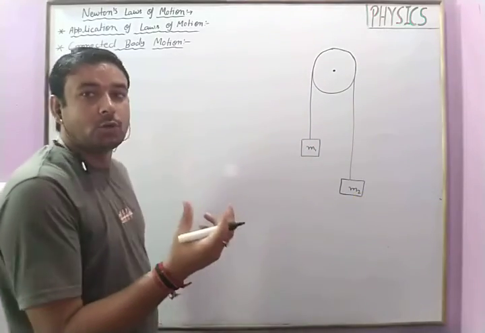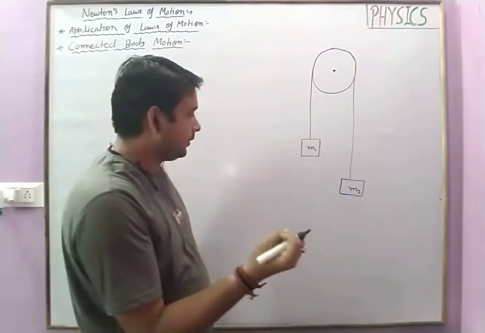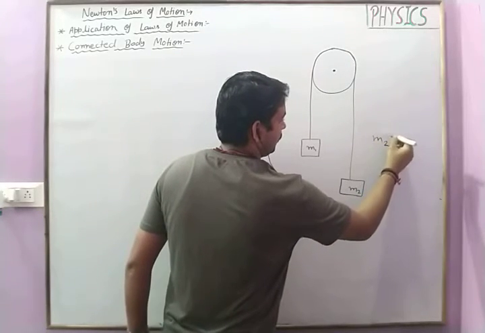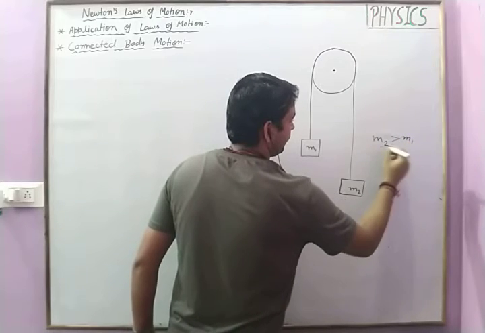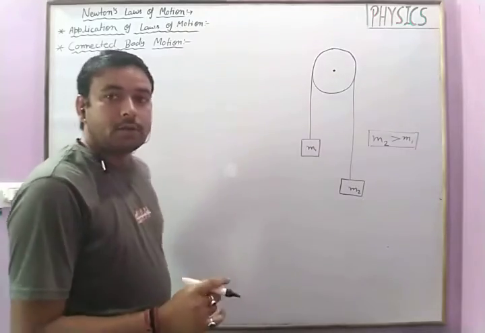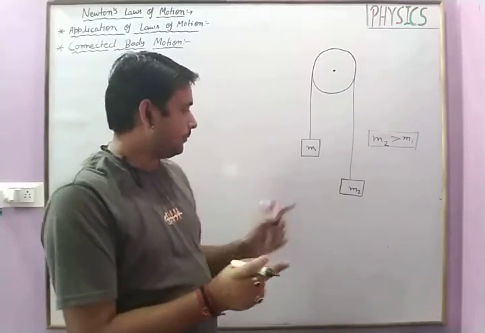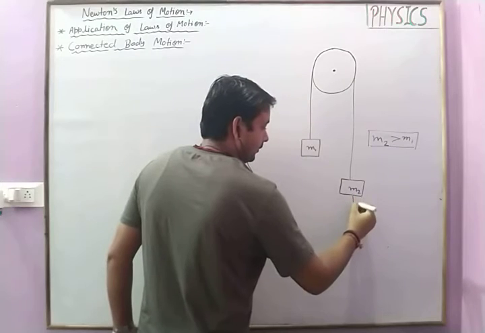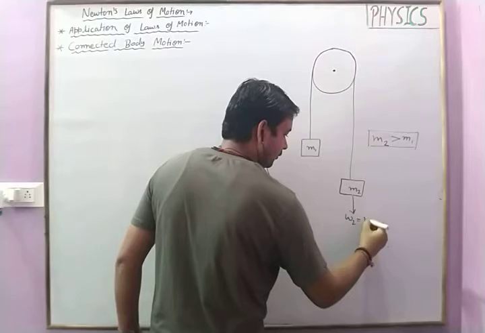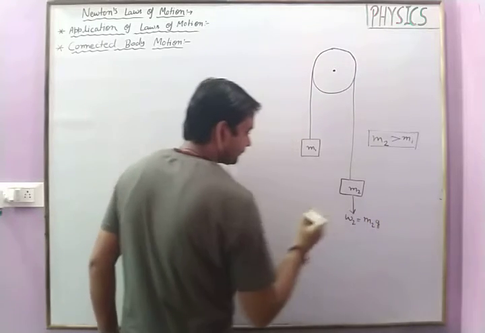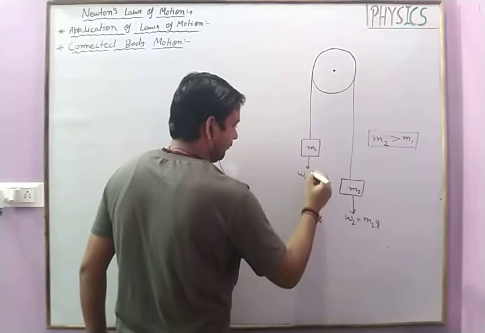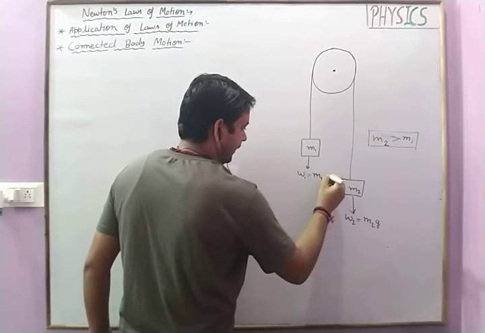Okay, due to attraction of gravity, heavier body, that is m2 is greater than m1. Okay, the motion of the bodies are like this. The weight of the body w2 is equal to m2g and the weight of the body w1 or body 1 is m1g.